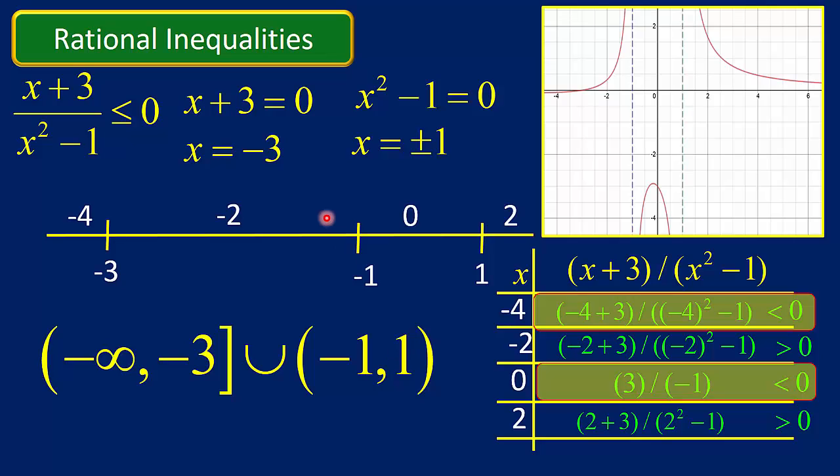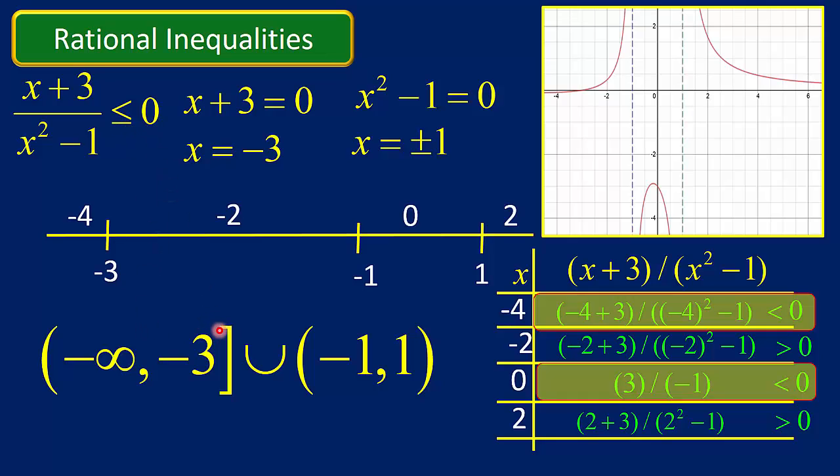And you might wonder, well, why is that? You've got a less than or equal to here. Well, the reason is because at -1 and 1, that makes this function undefined. Those are the asymptotes. We never include the asymptotes. If this were less than or equal to, we don't include the asymptotes.